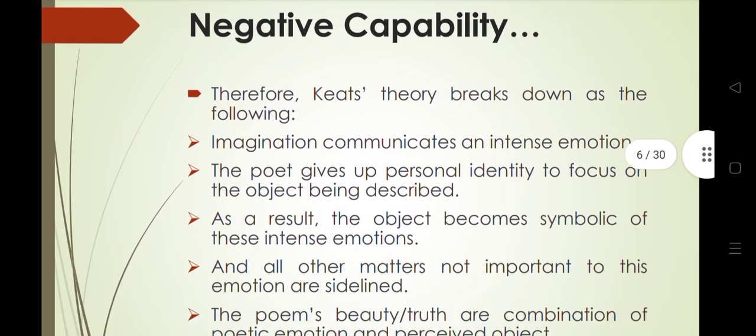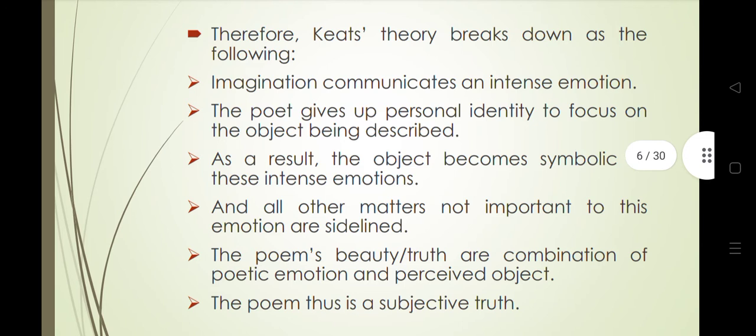So we can break down Keats' theory of negative capability into these points, and you can say these points are the crux of his negative capability. The first thing is imagination, poetic imagination, which is very important.